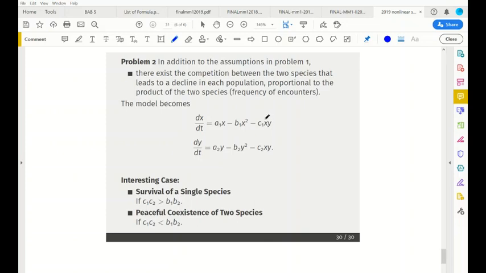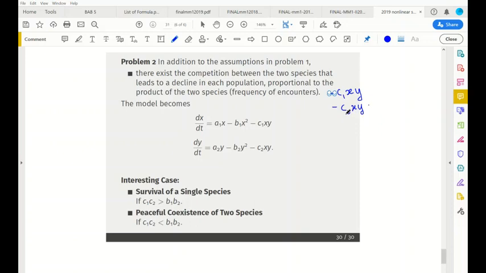So species x competes with species y. Frequency of encounters, so x multiplied with y. So the third assumption is represented by negative c1xy in the equation for x and negative c2xy in the equation for y.